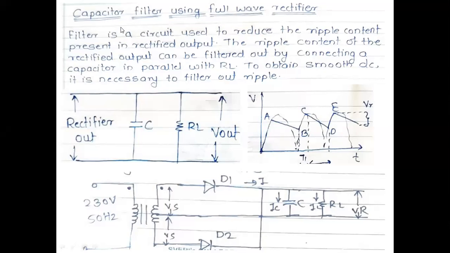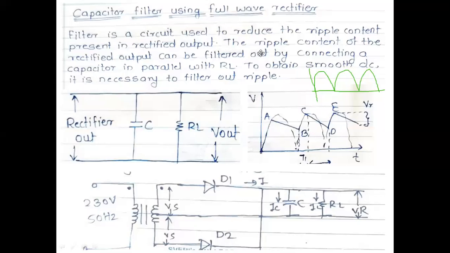We all know the full wave rectifier output is like this. For each half cycle, it starts from 0 to maximum, maximum to 0, and so on. It is like a pulsating DC. This is the output of the full wave rectifier.